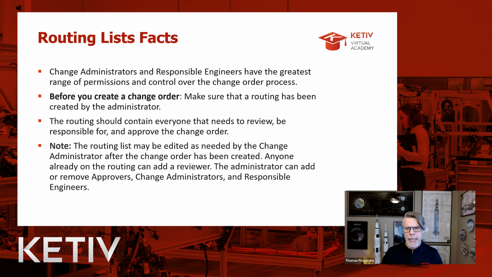And we're going to get into that here in just a moment. The routing should contain everyone that needs to review, be responsible for, and approve the change order. So as you go through building out your routing list, make sure that you're really highlighting your responsible engineers, your change administrators, and your reviewers. That way you're making sure that all the right people are looking at these change orders.